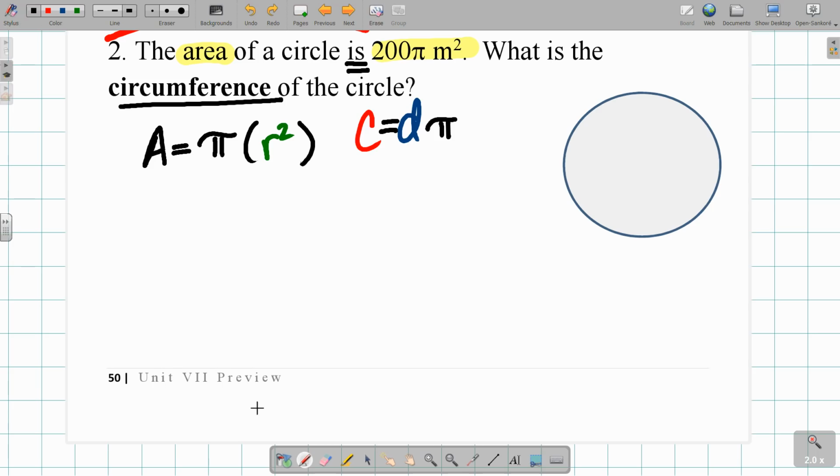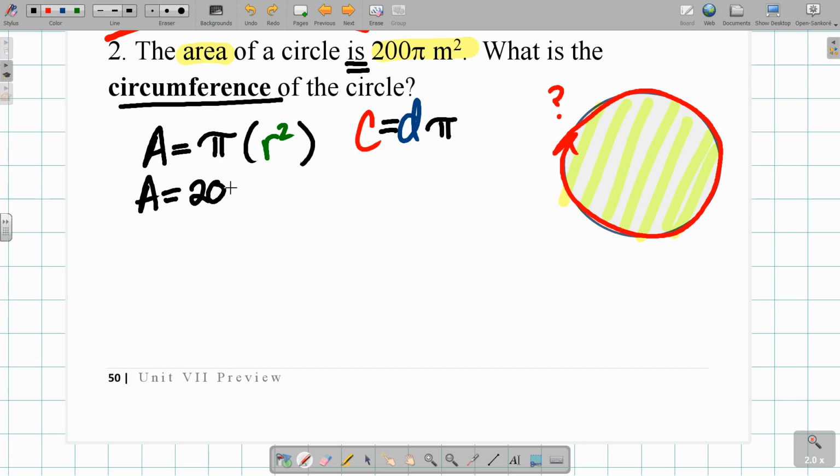We want the circumference. That's what we're going for. A little question mark. So trace it. We've been given the area. So ready, circle the area right underneath is 200 pi meters squared. Notice how the area is repeated, which means that's now equivalent.